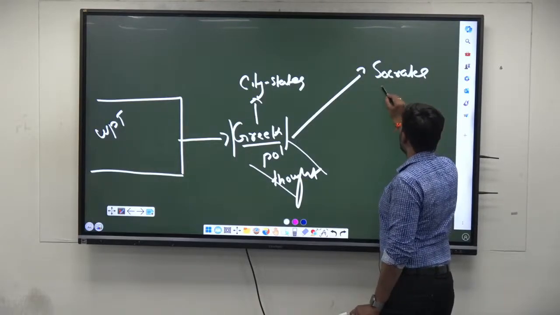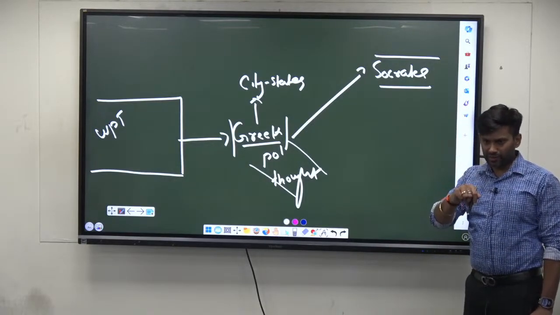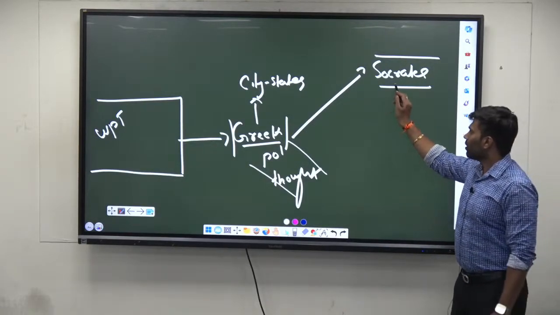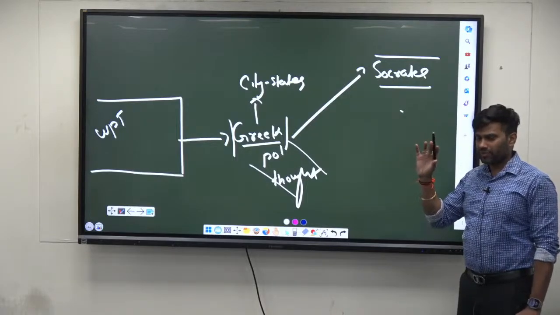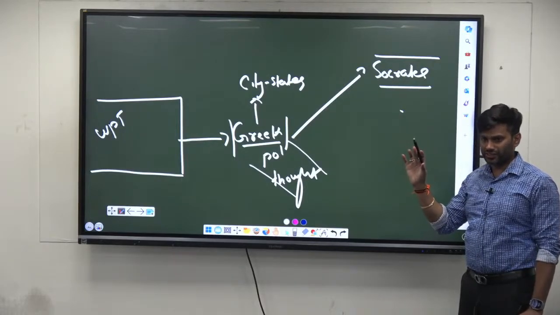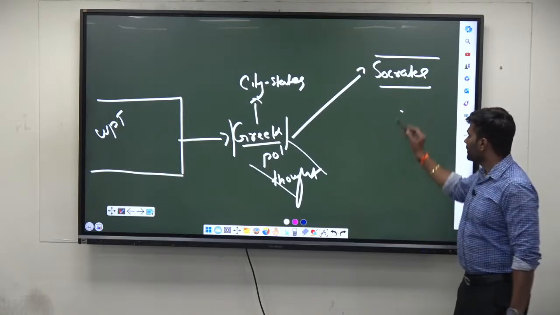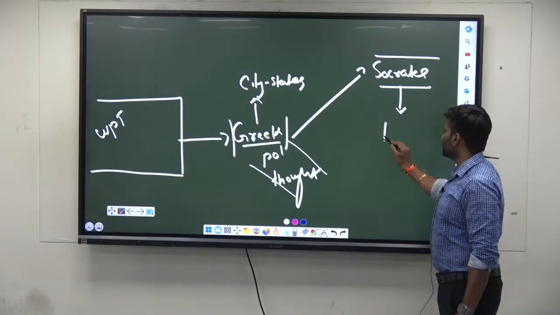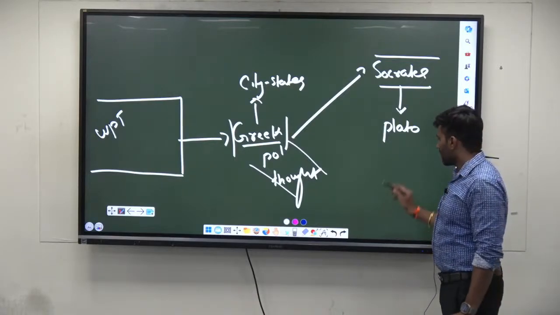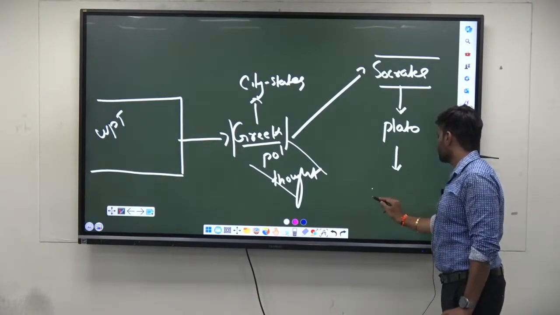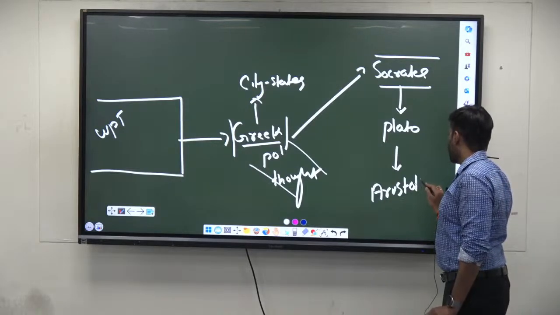Socrates. Socrates is not so important. Only when we read Plato, Socrates is a huge influence on Plato. There is one particular idea, the theory of knowledge, that we need to know, what he had told and how that has influenced Plato. Then you will be reading about his student Plato, and then about Aristotle.